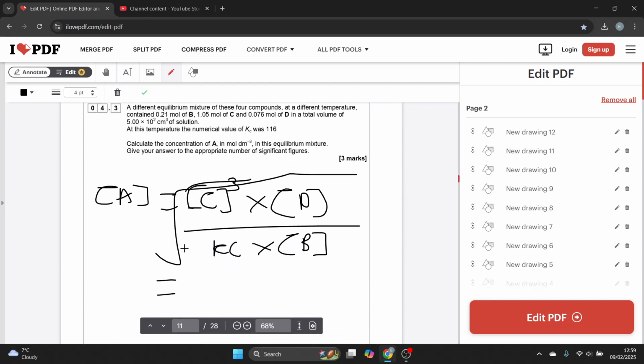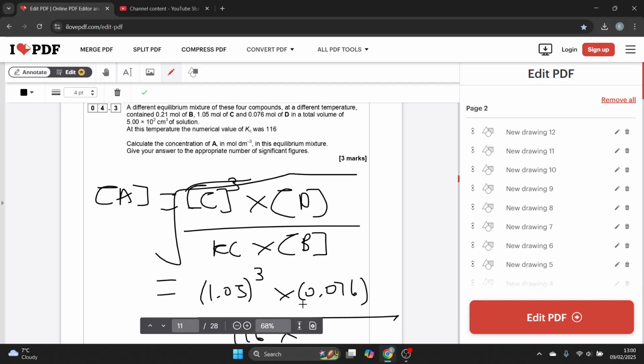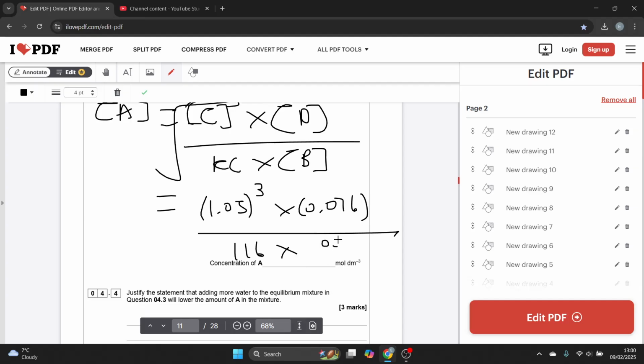C cubed, well, C is 1.05 cubed times 0.076 divided by Kc, which is 116, times B, which is 0.21. And the volumes, well, the volumes cancel out. So obviously in the exam I would show that, but I don't need to waste time for this video.